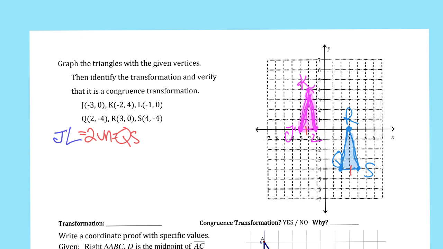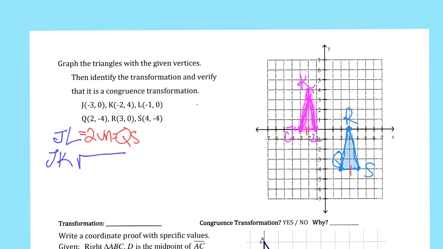The other thing is that we're going to find the other two sides. Let's find the distance from J to K. To do from J to K, we're going to use the distance formula.